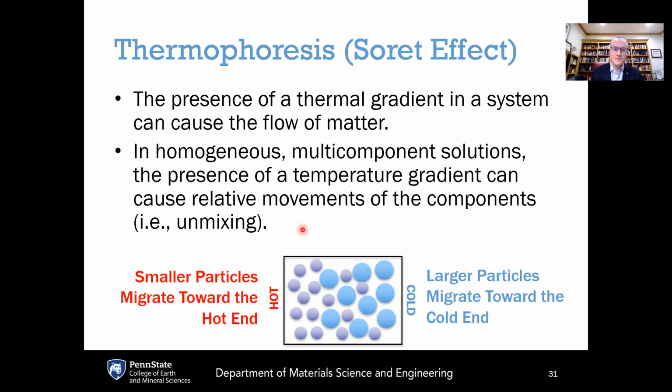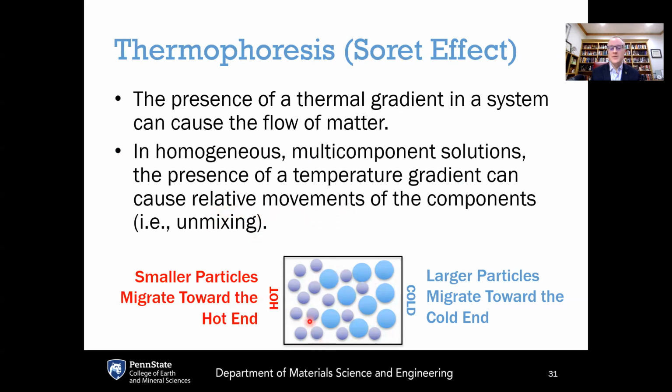Starting with the Soret effect, or thermophoresis, the presence of a thermal gradient in a system can cause the flow of matter. In an initially homogeneous multi-component solution, the presence of a temperature gradient can cause relative movements of the components. In other words, the imposition of a temperature gradient can cause unmixing of these components.